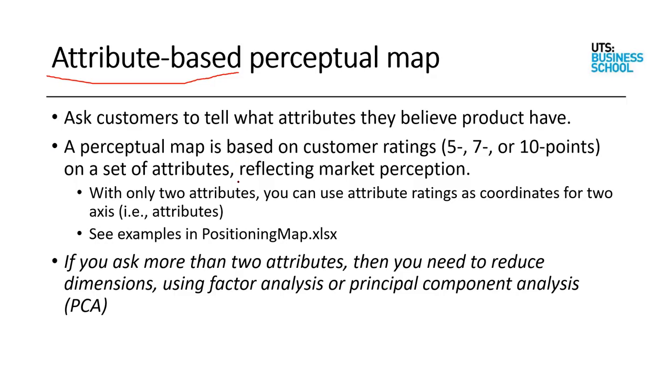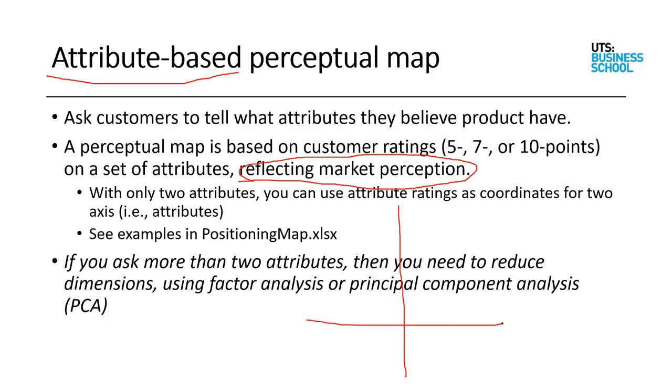Those ratings that you're obtaining in the conjoint reflect the market perception about the product. So once you have obtained those ratings, then you can take two attributes at a time and plot those attributes on X and Y axis and create what is called a positioning map. You'll see that in the tutorial related video.